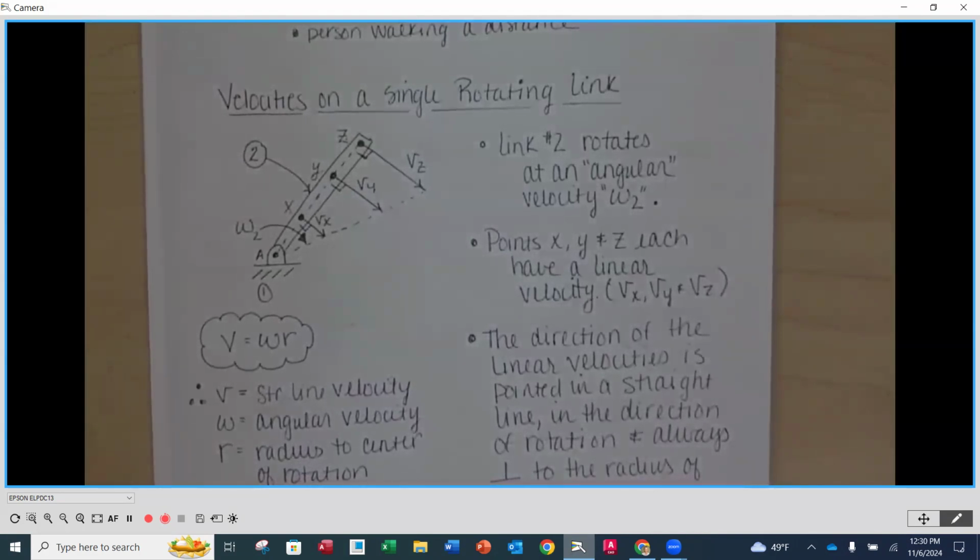Now, you're going to notice something about the direction of the velocities. Number one, the direction of the velocities is going to be in the direction of the angular velocity.